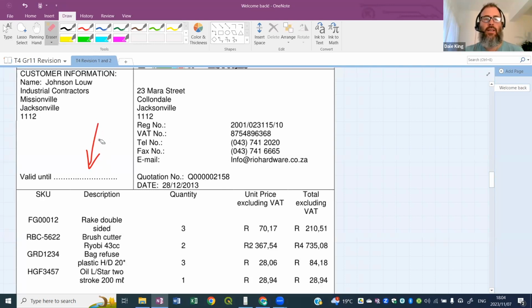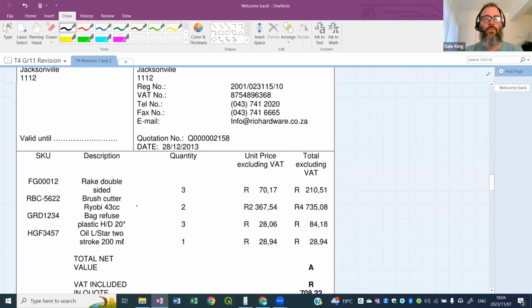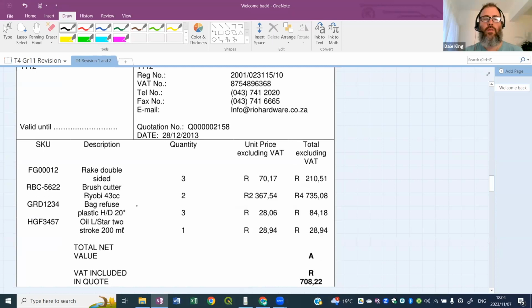So this is just getting an idea of prices before you actually purchase. And then if you want to purchase, you can use this quotation and say, I have this quotation, I want to purchase all of these items, and then they refer back to this document. Okay, so this document will include items and codes and prices for them and quantities.